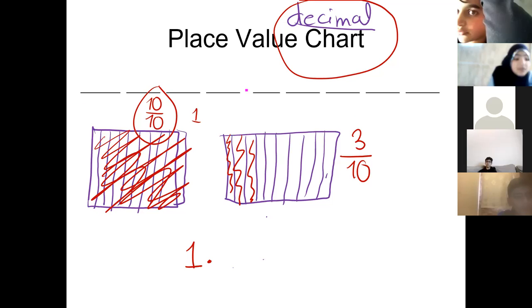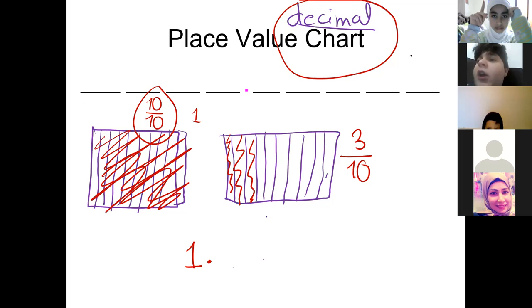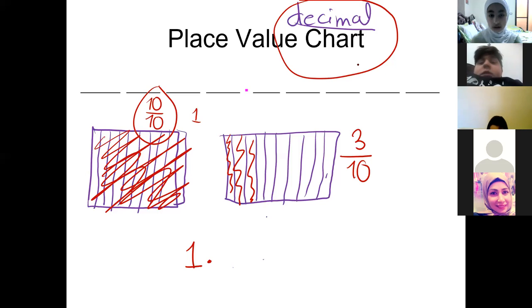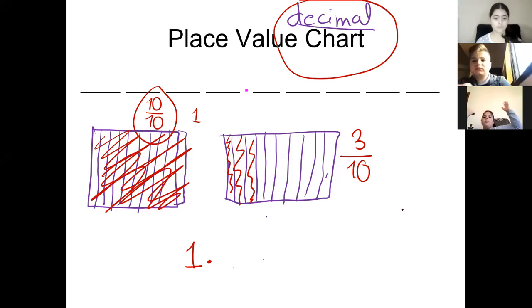How many squares are totally colored? Here we have just one square.